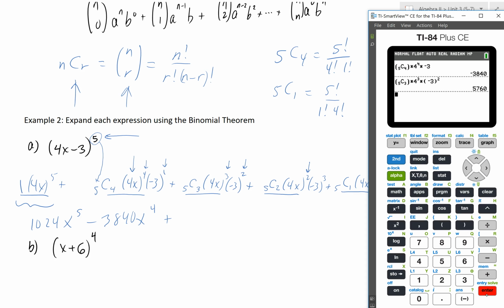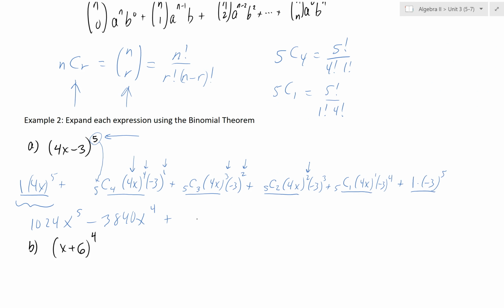So that's 5,760 x to the third power. Go ahead and use your calculators to fill in those last 3 terms. And raise your hand. I'll come around and help you if you need help.